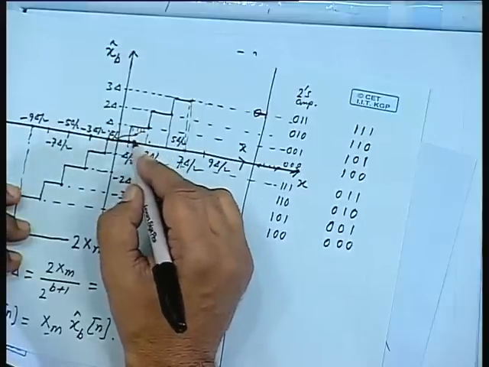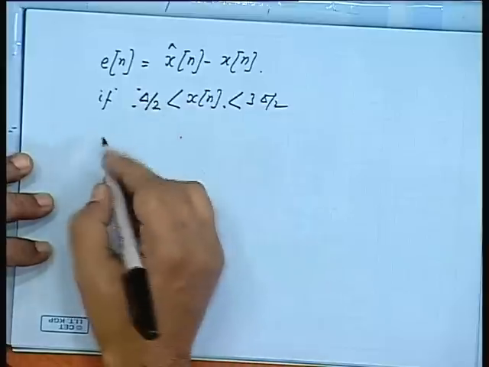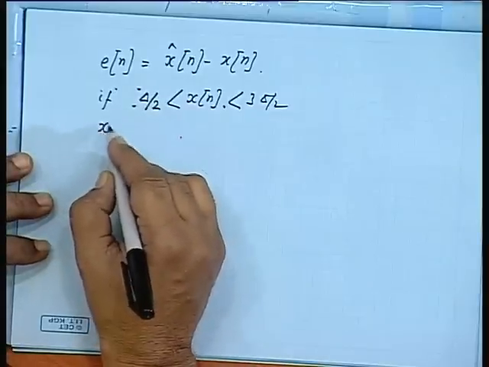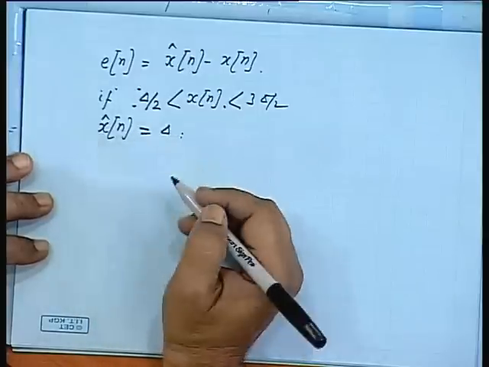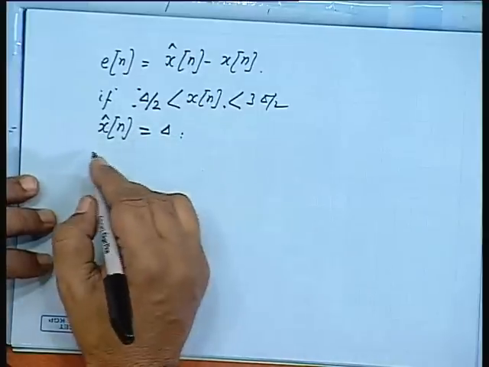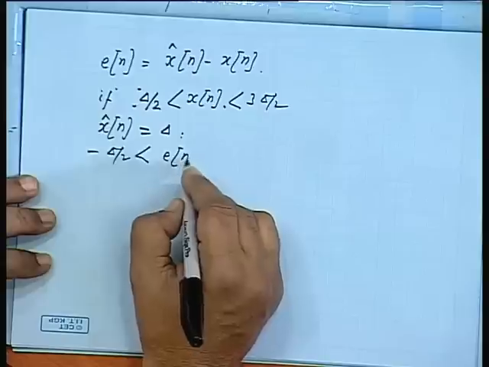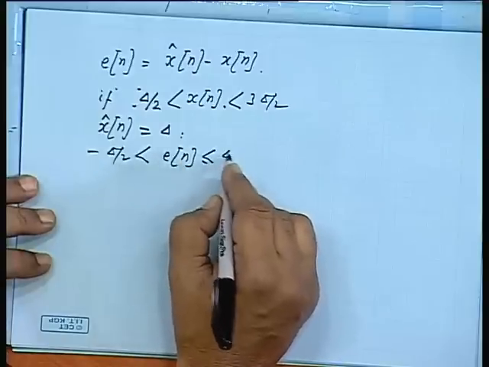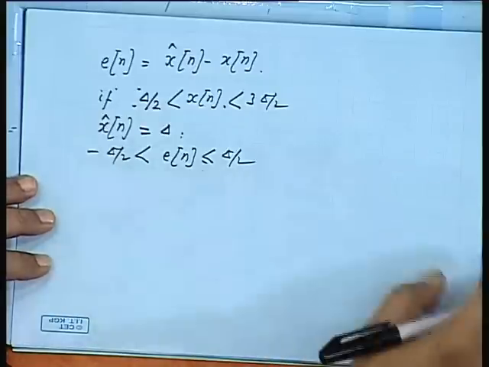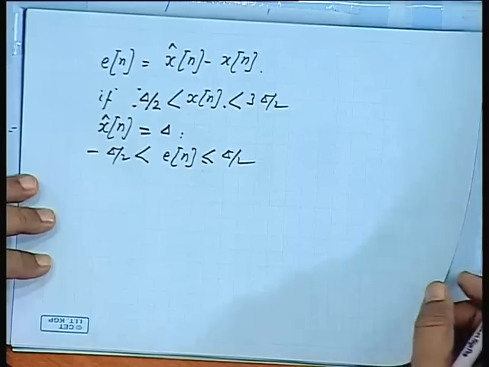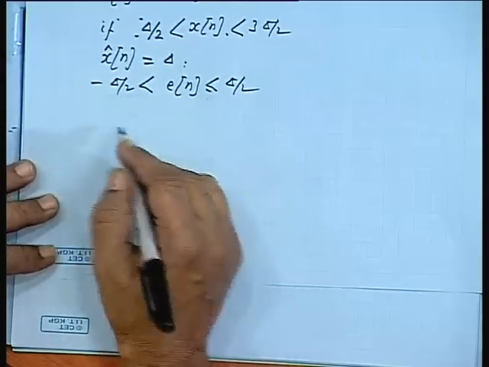So, the error, x hat n will be taken as delta, and minus delta by 2. So error is between plus minus delta by 2, it can vary only between these 2 points.